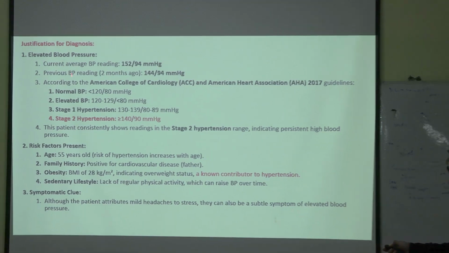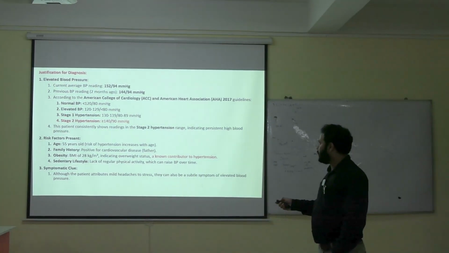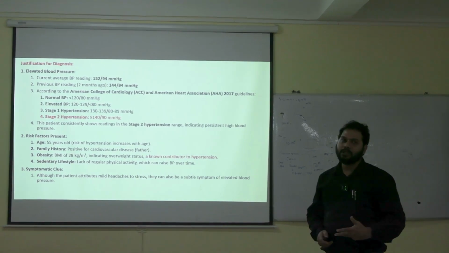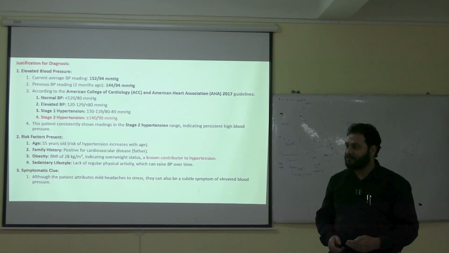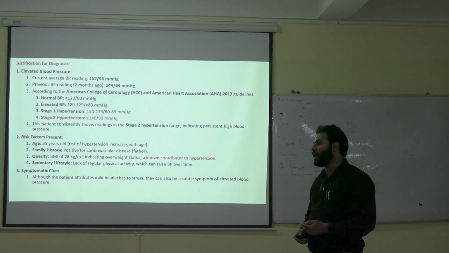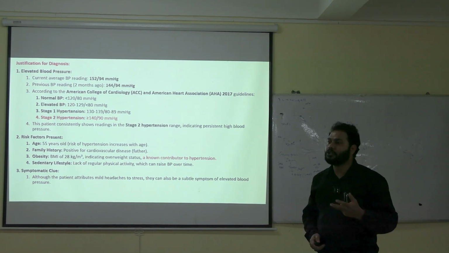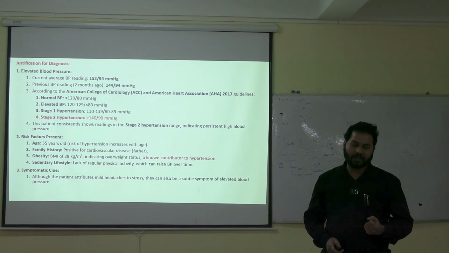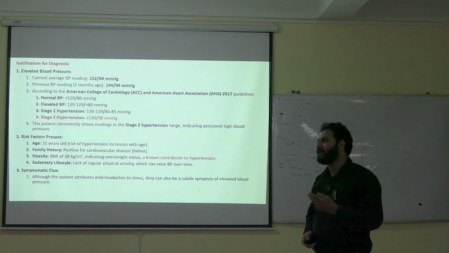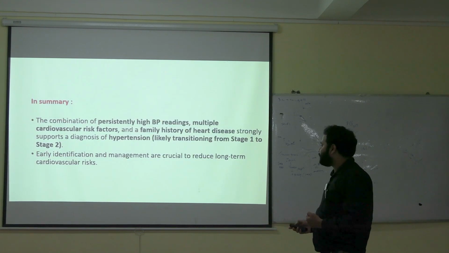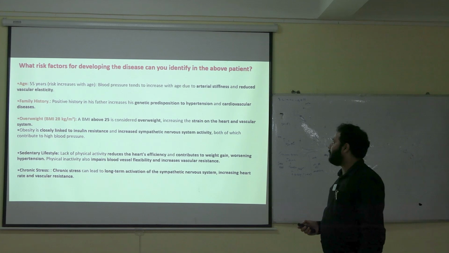So these are the most important factors that may lead to elevation of blood pressure, and persistent elevation of blood pressure value leads to the development of hypertension. This is our justification for the diagnosis. Clear?